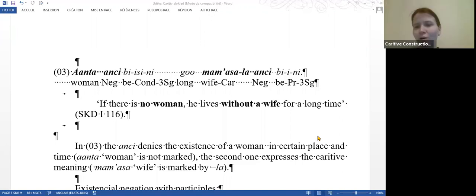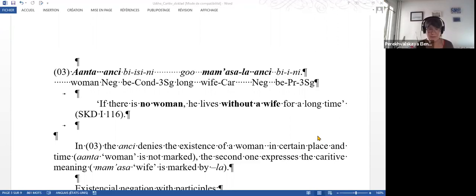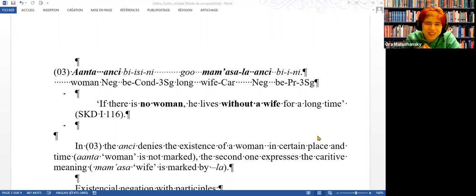Okay, thank you. Ora has one more question, so I will give her the floor. Thank you. I was wondering whether this marker la has any other uses. And I don't know, because it is followed by anti, so a vowel, maybe there could be some phonological change, just maybe there's something that looks like it, but doesn't sound exactly the same.